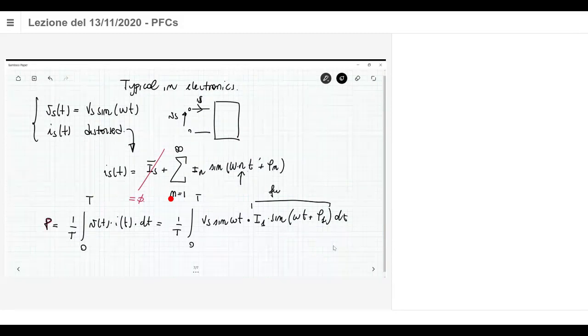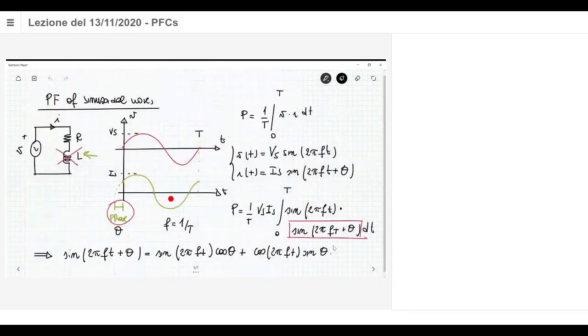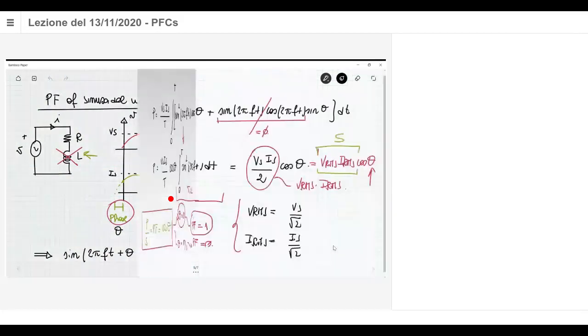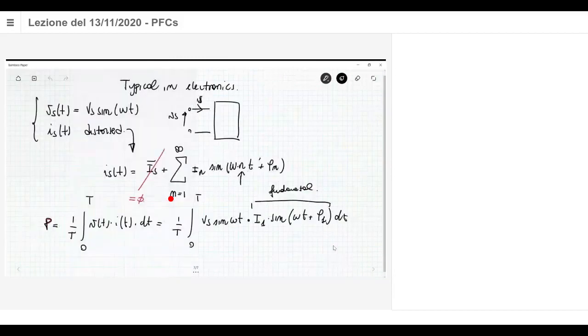But now this computation is exactly the same computation we did before for two signals that are sine waves. The result is the product of the root mean square values multiplied by the cosine of the phase shift.